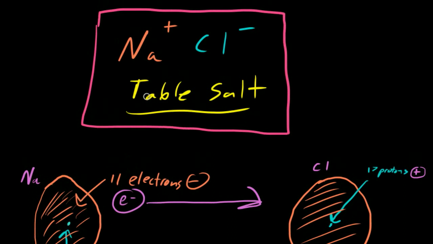But essentially, if the reaction happens and sodium loses an electron and chlorine gains one electron, and this charge happens, we get a compound that is as harmless as table salt. And this video is not meant for you to think that your table salt is dangerous or is going to blow up if you put water into it.